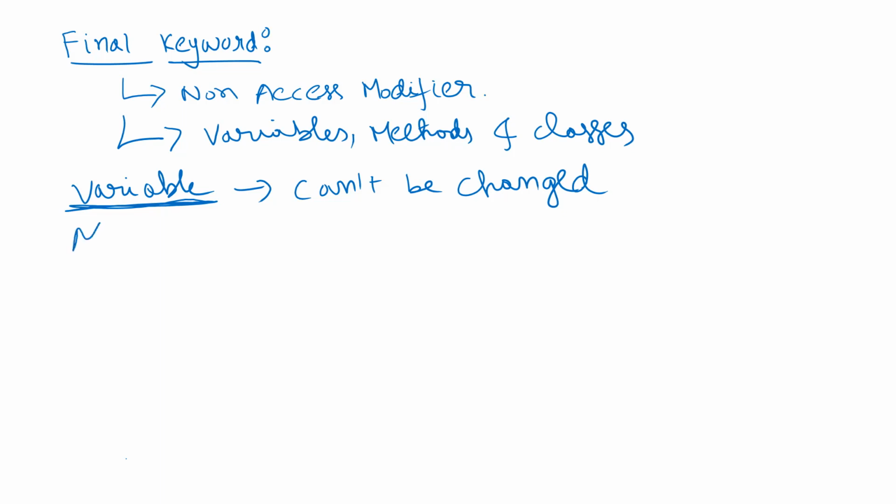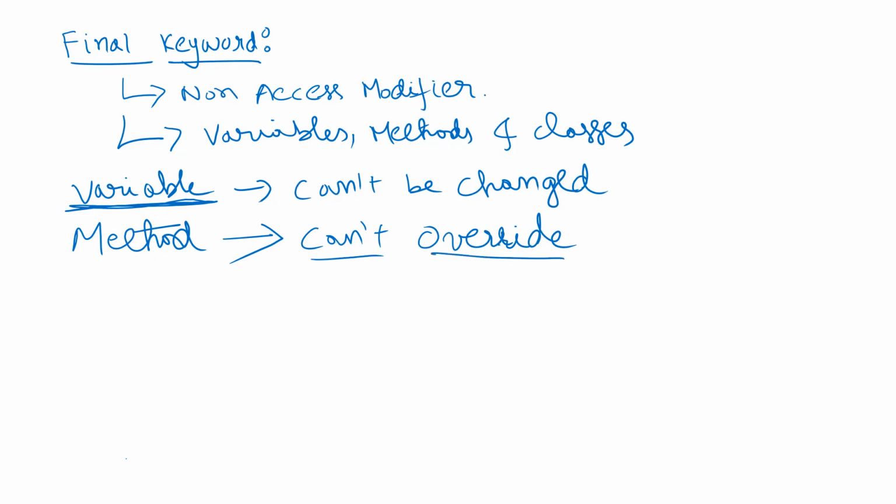And methods. If we define a method with the final keyword, we cannot override that particular method. That means if we create a child class for the class that has this method, and if we try to override this method in the child class, it throws an error.